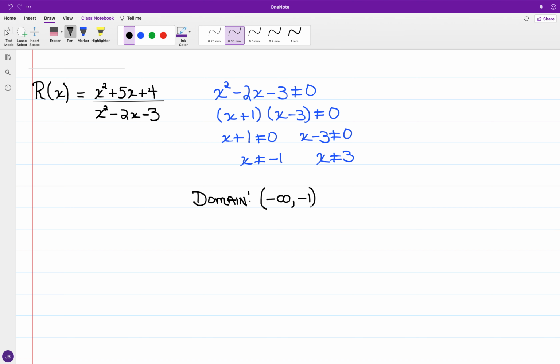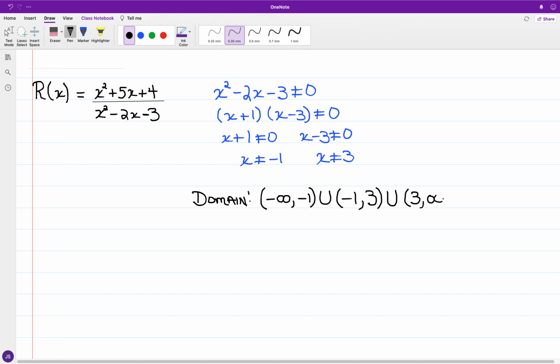Again, x cannot be negative 1, so we bypass this value. Next in line are those values greater than negative 1 and approaching but not including 3, so 3 is off limits. Bypassing 3, with 3 as the second and last restricted value, the rest of the domain is those values of x greater than 3.